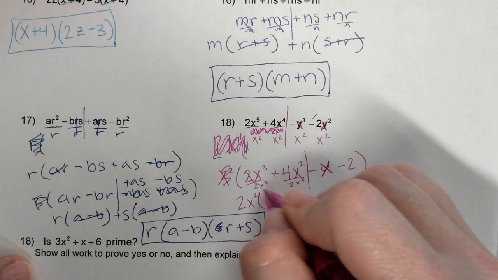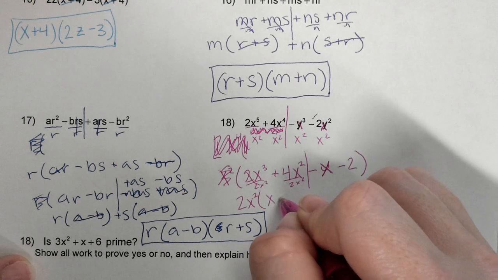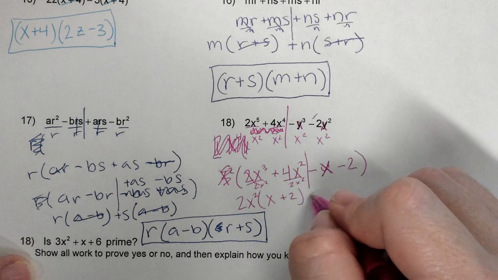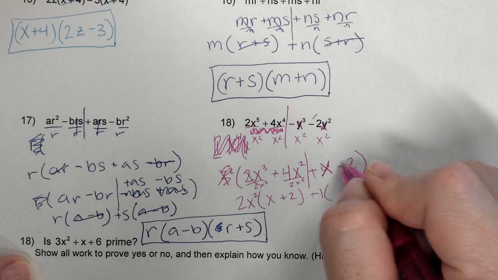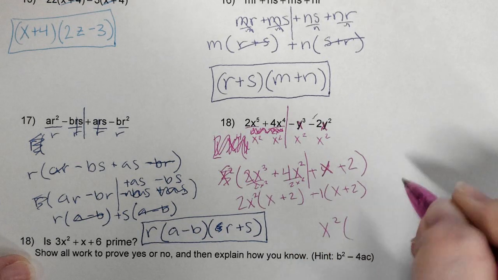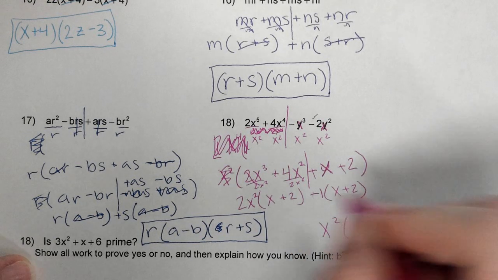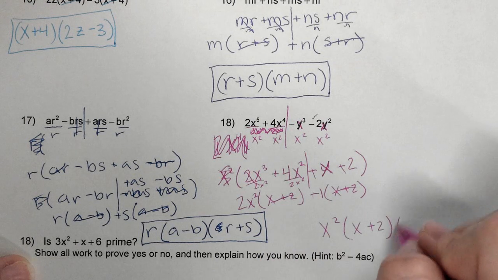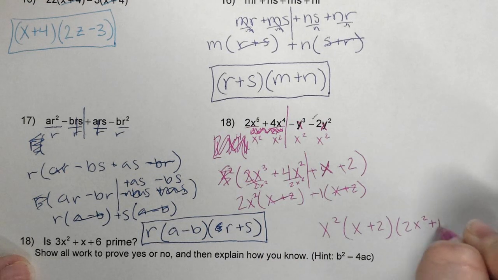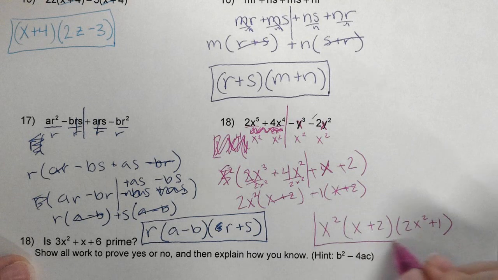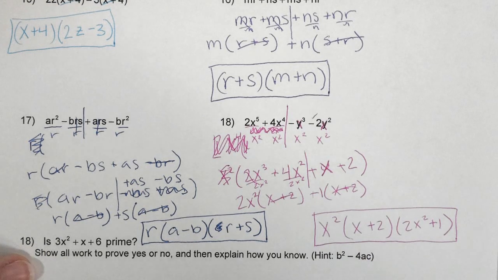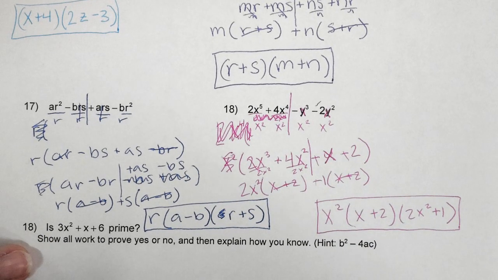So that leaves me with just x plus 2. Here I have a negative 1, and that leaves me with x plus 2. So I have x plus 2 and 2x squared plus 1. So sorry about that one. Sometimes I make mistakes. It happens. Okay.